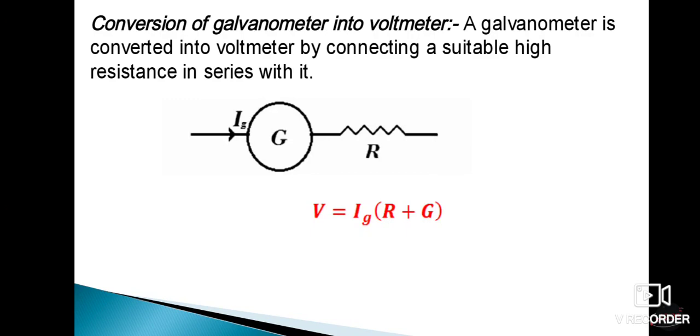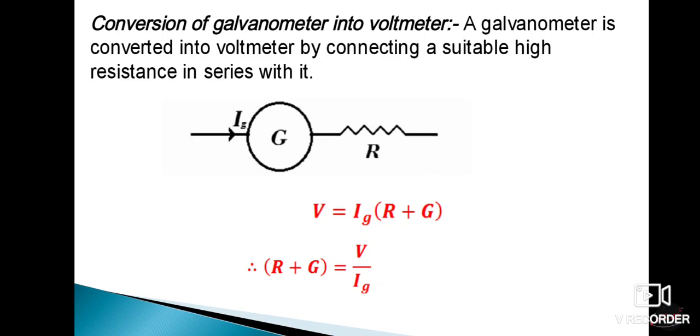Therefore, V is equal to Ig, where I is replaced by Ig, the current through the galvanometer. Similarly, R is the resistance, and here the galvanometer also has resistance. So instead of V equal to IR, we get V equal to Ig times, instead of R, (R plus G).